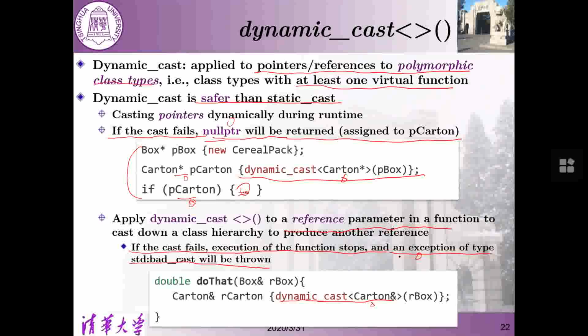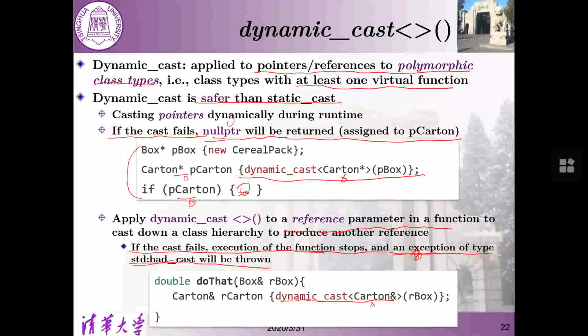We do not have time to learn exception in class. For now, we can know that if an exception is thrown during execution of the function, then the program will stop. This causes bad user experience, right? Because the program crashes, right?